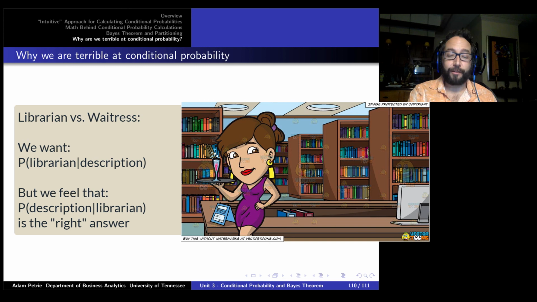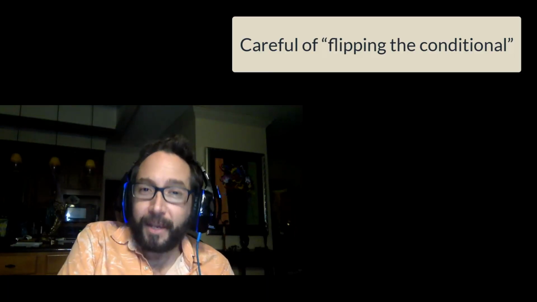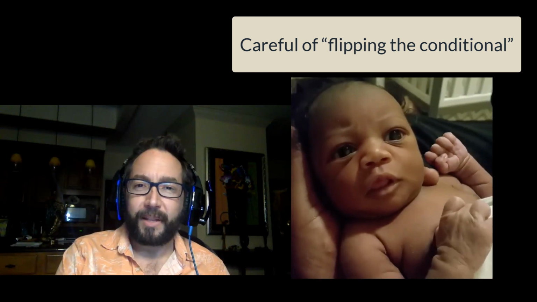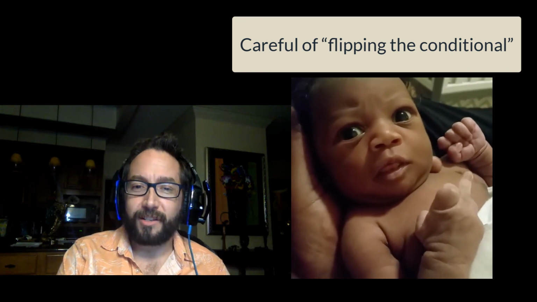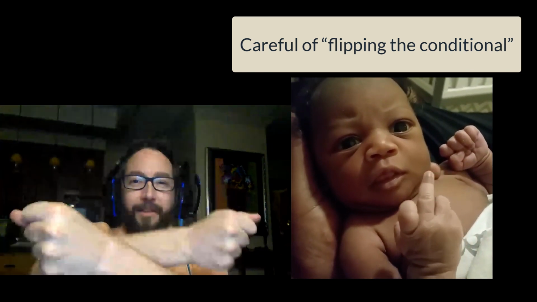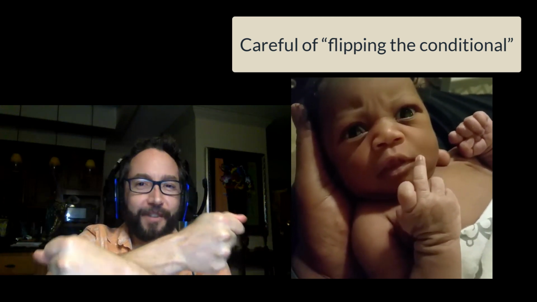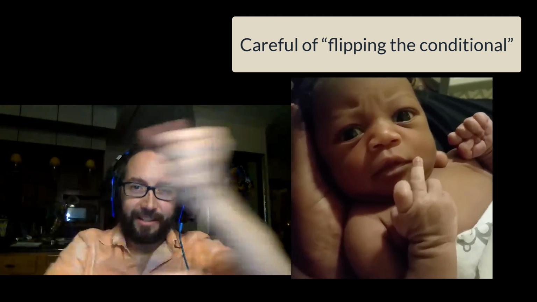Depending on how true that stereotype was, whatever the prevalence of that stereotype was, we just kind of felt like that was the probability. So there's a cognitive bias called flipping the conditional, and you might be able to Wikipedia that. But I think that's what's really going on. Our brains just kind of instinctually flip the ordering of the events around that bar. We can get that number out, and we just feel like that's the right answer. And we need to do it the other way around.